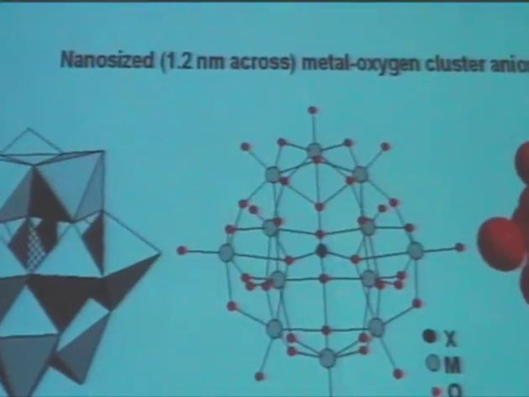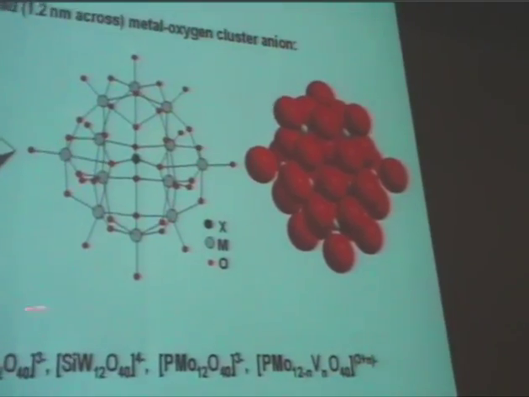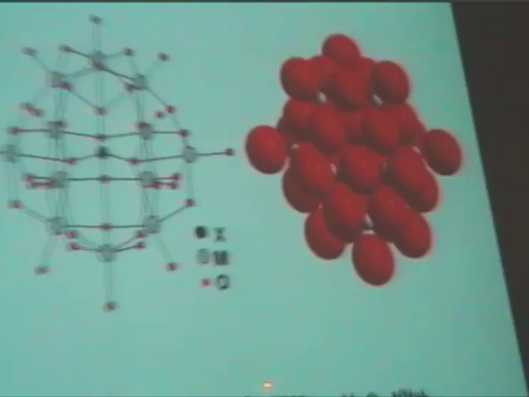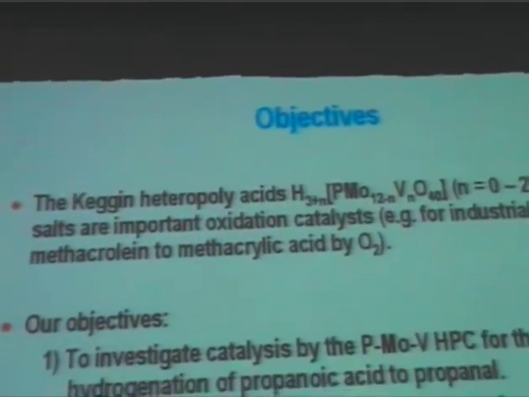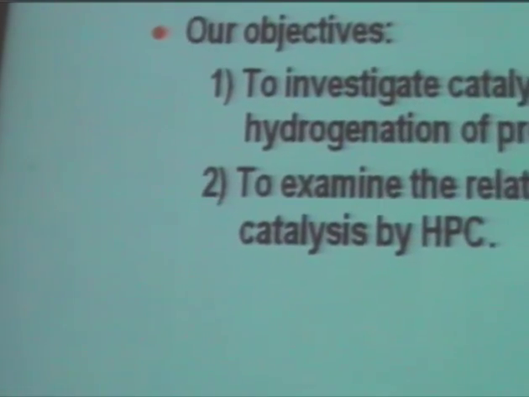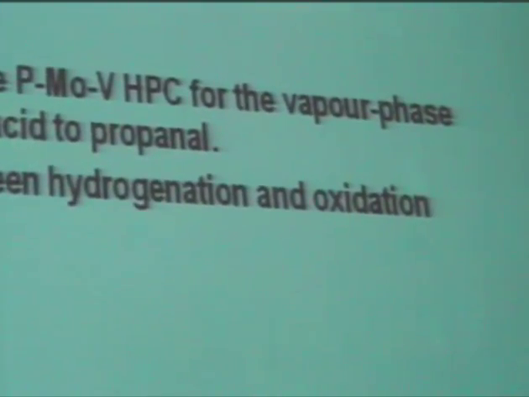And here you can see the well-known structure of the Keggin heteropoly anion in different representations, as well as some typical examples. In this work, we used Keggin molybdenum phosphates. The Keggin molybdenum phosphates, in particular these heteropoly acids and their cesium salts, are important oxidation catalysts, for example, for industrial oxidation of methacrolein to methacrylic acid by oxygen.